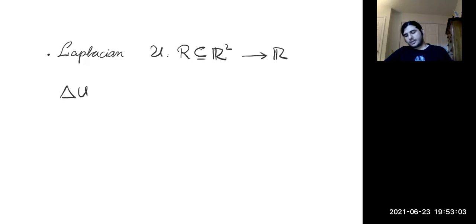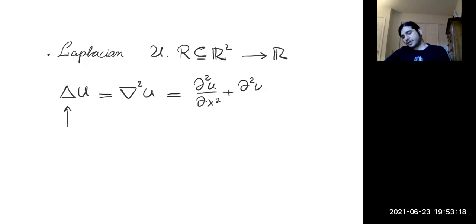Say we're assuming the function is twice differentiable, defined on some region inside R2 to R. We can define the Laplacian, which we denote by this notation. Sometimes people also use this notation, but I prefer this one. We define it to be the second derivative of u with respect to x plus the second derivative of u with respect to y.